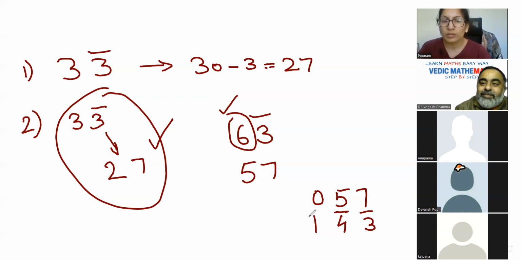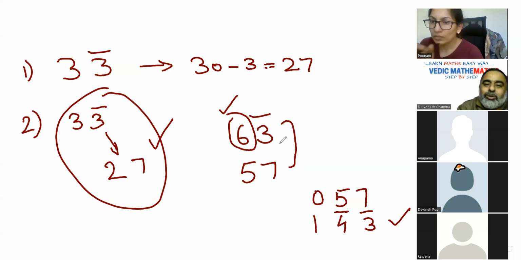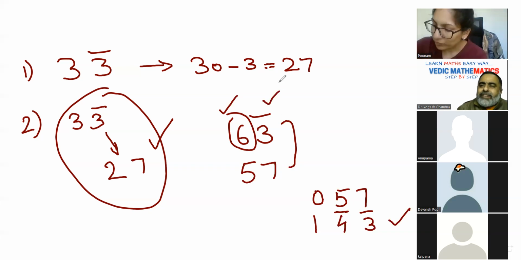So if you had the question of 57 to be converted from normal to vinculum, then the answer is 4 bar and 3 bar. You'll never get 6 3 bar. Yes sir, this was just for our practice and to understand that yes, we can take it. Actually, this is known as partial vinculization. Means you applied it only on the first digit, and the second digit you left as it is.